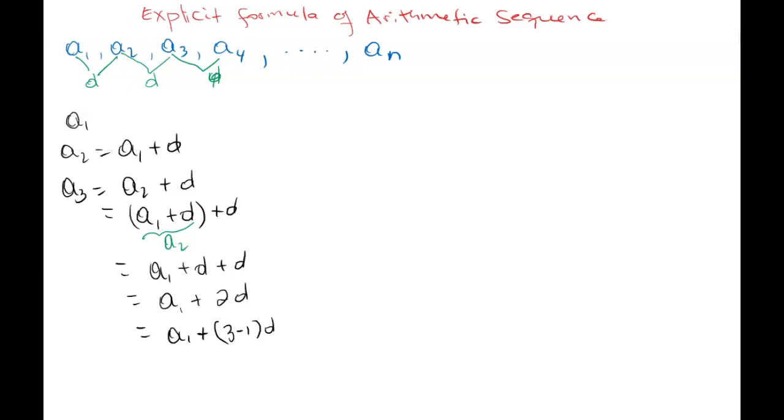So the third term is equal to the first term plus the third term number minus 1 times d. Now a sub 4, the fourth term, will equal the third term, which is a sub 3, plus d.